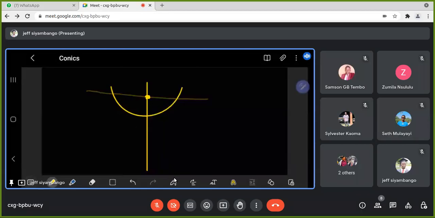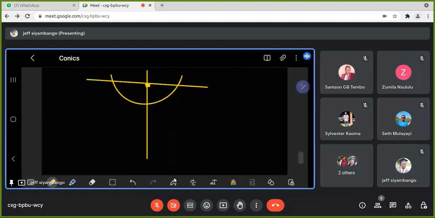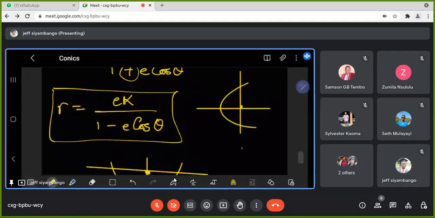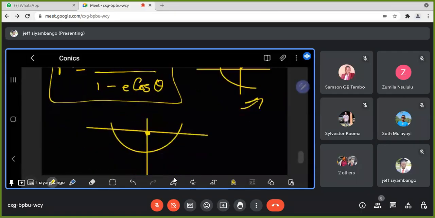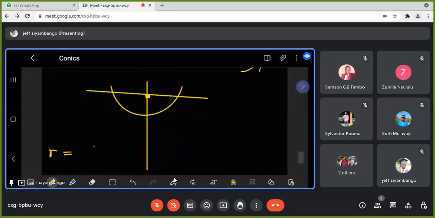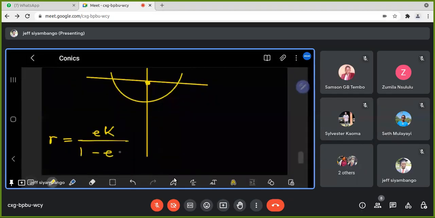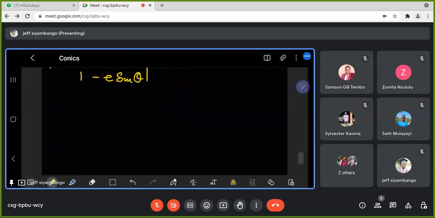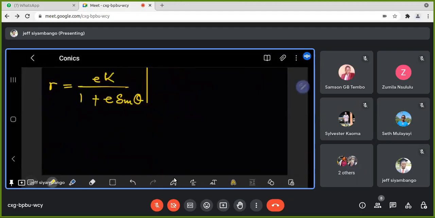Well, if the major piece opens upwards, firstly, as you saw, when it opened to the right, it turned out to be negative in the middle. So you expect r equals ek over 1 minus e, but now, since we're in the vertical, you're going to use sine theta here. And if it opens downwards towards the negative, then of course this will just be plus there.